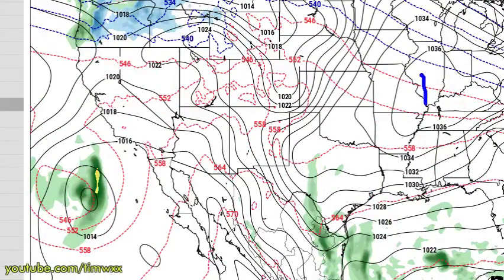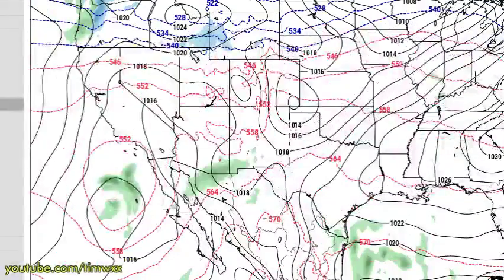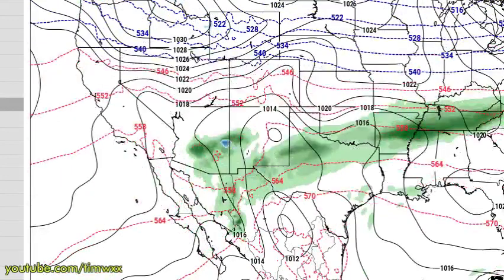Tuesday next week, the main high pressure moves in. Not very extensive, and we have the lee side trough once again developing in Montana and Wyoming. Then for Thursday, a little bit of an Alberta clipper moving southward right there. And then we find it down in this area here on the 30th.